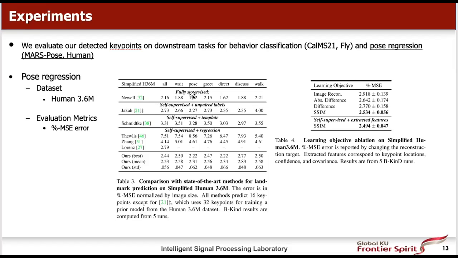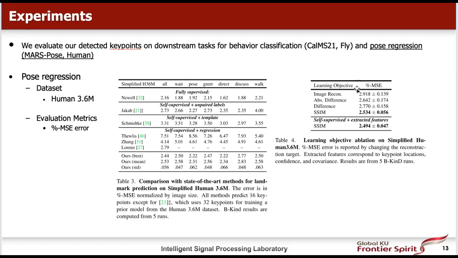The first compared method is fully supervised, and the second and the third are self-supervised, but more or less they used some prior information to achieve good performance. And our proposed methods has achieved competitive results compared with the fully supervised methods.